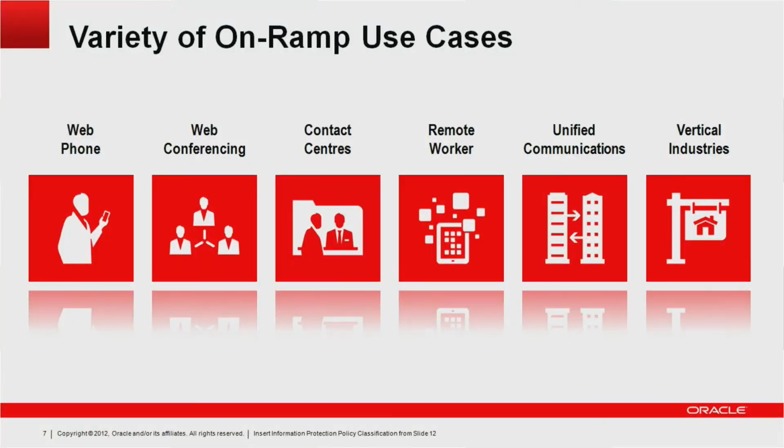Now, there's a variety of use cases that we can talk about. I'm not going to talk about them all, but just to give you a flavor. Web conferencing. A lot of web and video conferencing, you may want to do with just 3 or 4 employees.